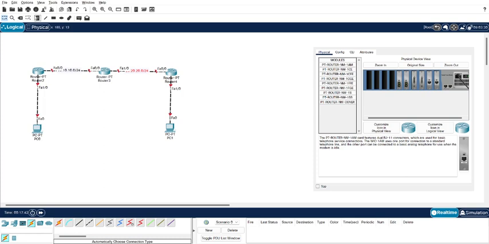After that, we're going to add the addresses for the computer and for the router.